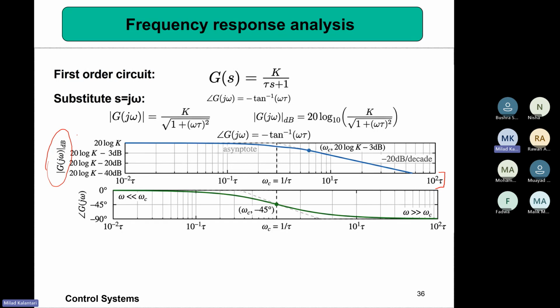It helps us to easily manipulate, for example, when we change the K, it means we are basically shifting this curve upward or downward, just easily by adding, since it's a log scale. Otherwise, you need to do the multiplication. So this is a better way.